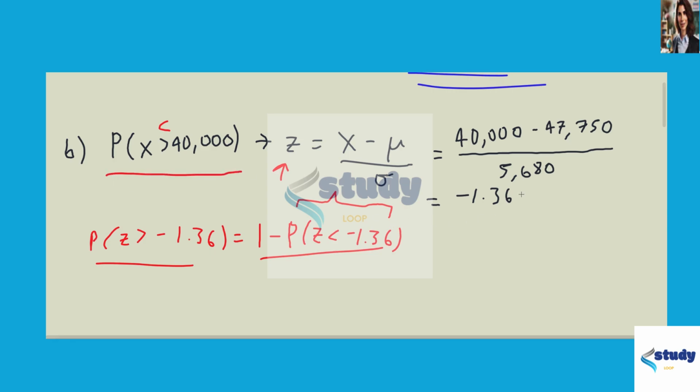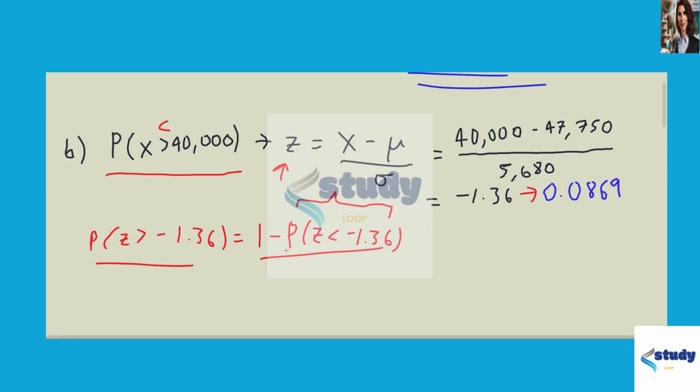Now if we find the corresponding value for negative 1.36 from our Z table, we're going to get 0.0869.